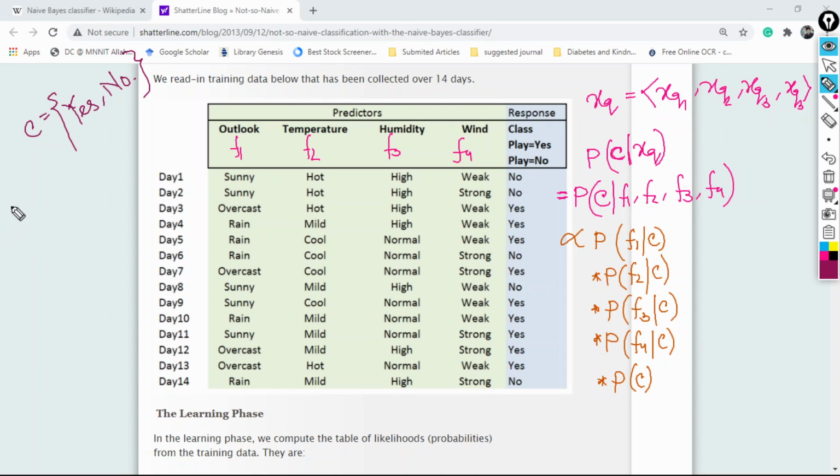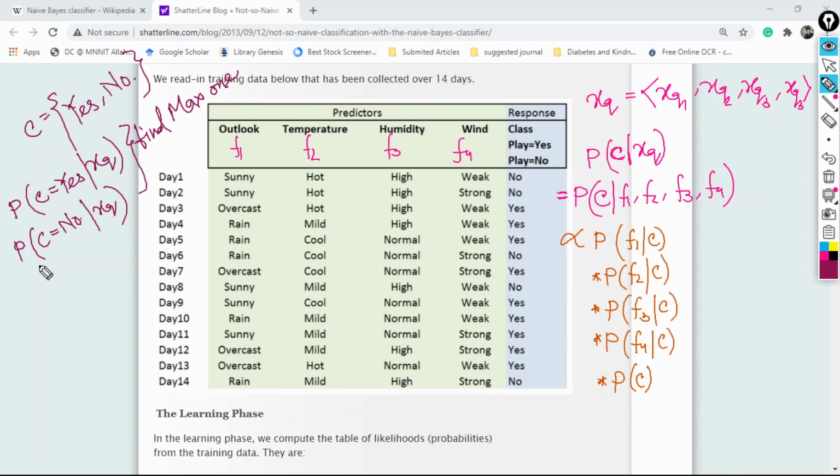Actually we have to find the probability of our class level, that is c is yes, for the point xq, and we are interested to find these two probabilities. Among these, which is the larger, we have to find the maximum one.